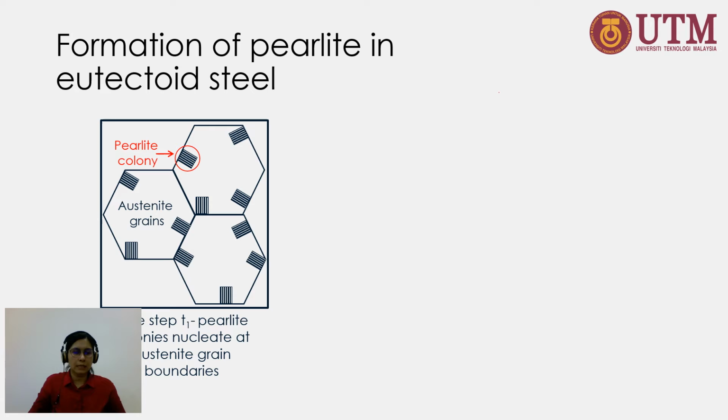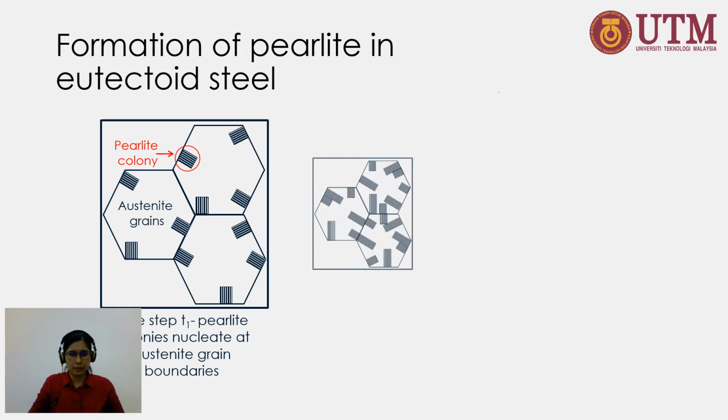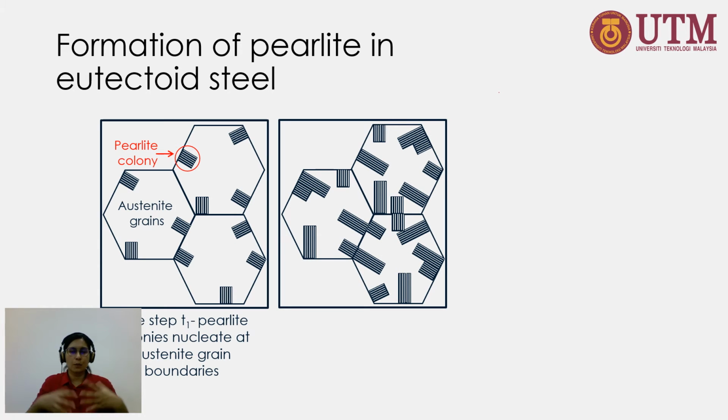So at time step T1, pearlite colonies will nucleate at the austenite grain boundaries. And this transformation will start to happen everywhere in that grain of austenite.